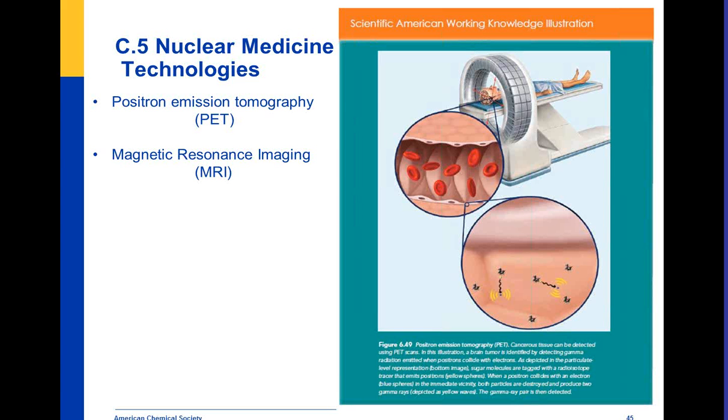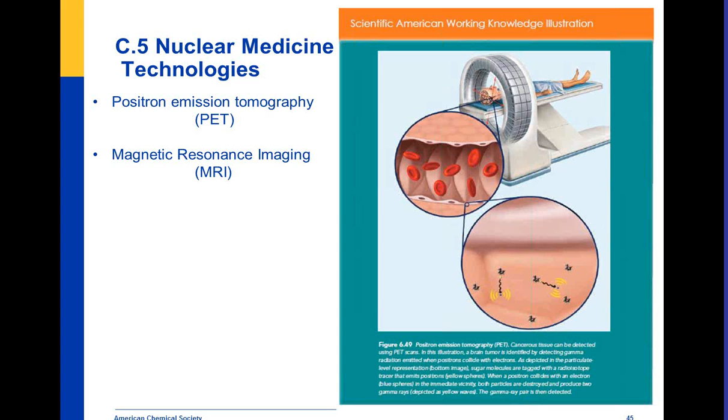This one has one of these excellent Scientific American illustrations showing how the PET scan works. I often start out in this section by just asking kids what they know about PET and MRI. Many of them know particularly about MRIs.